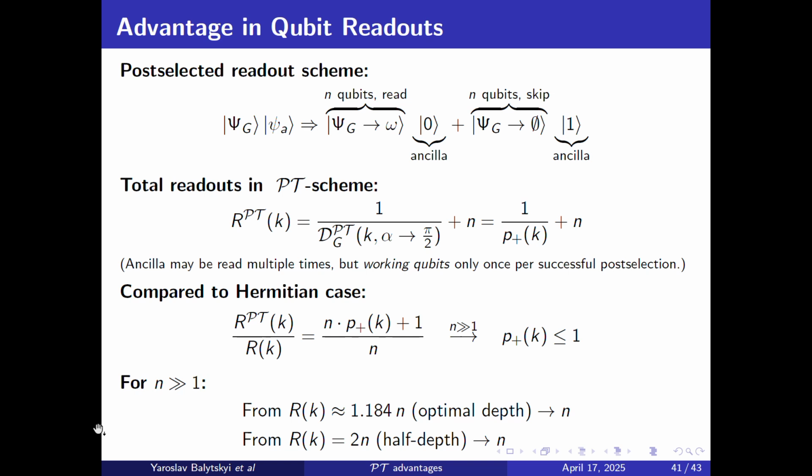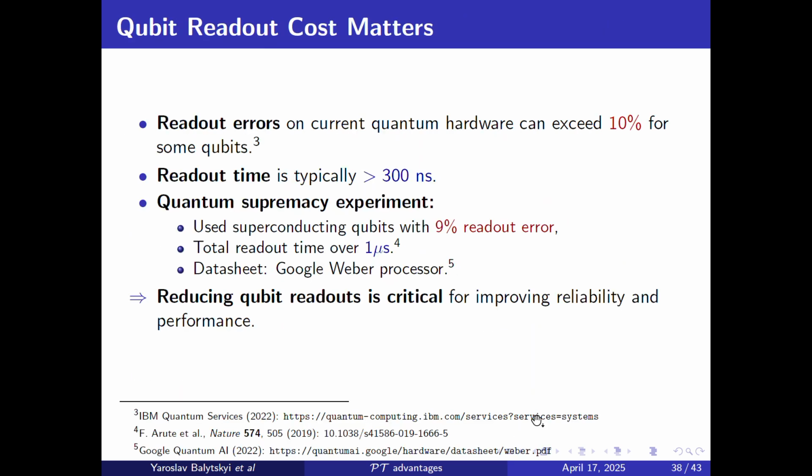Several examples of this. If you have an optimal depth circuit, which is 1.18, this is reduced to n, and if you have half depth, then this is also reduced to n, right? So regardless of the depth of your circuit, it's always n, right?